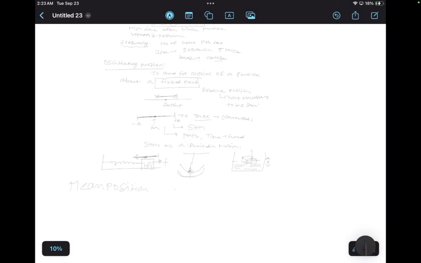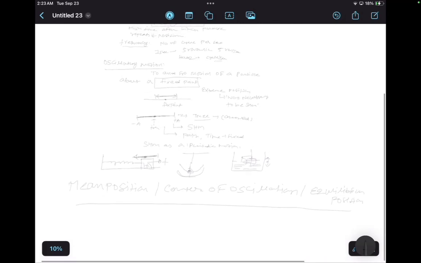There are a lot of names for this point: mean position, center of oscillation, or equilibrium position.